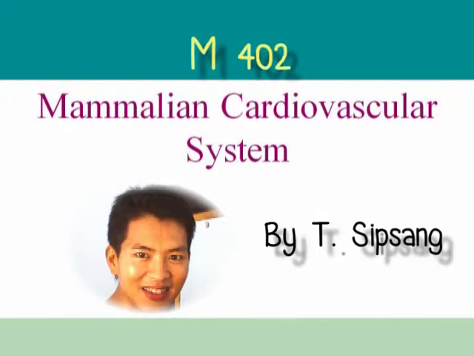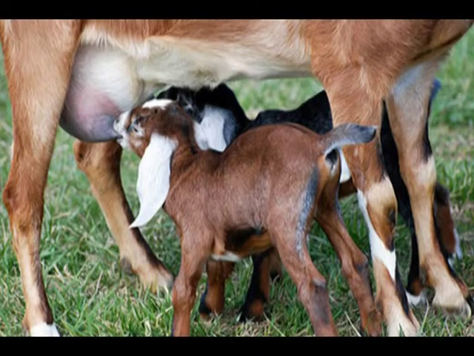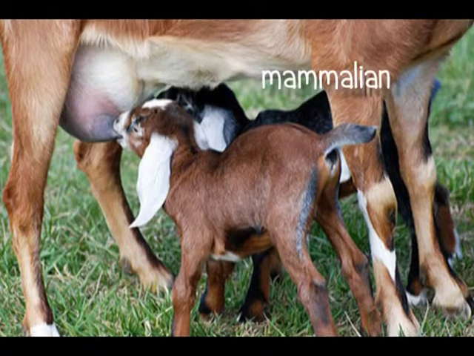Do you know what a mammal is? A mammal is a kind of animal that feeds its babies with milk. Mammals have mammary glands in the female that have developed to make milk for the baby, but the male's are not developed.